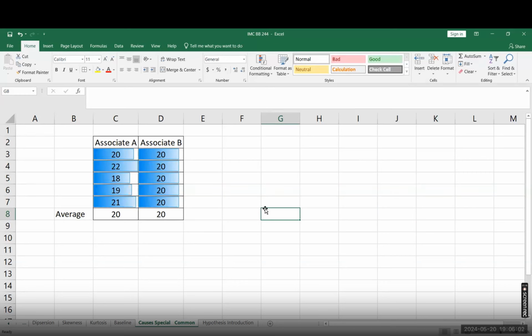But the average value is the same. Yes, but B is always hitting the target, whereas A is nearby; sometimes it is close to that, sometimes far away, and sometimes it's big.